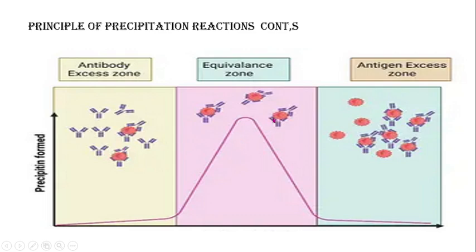Here we have the equivalence zone, meaning there is an equal concentration of the antigen and antibodies. The antibodies and antigen interact equally, so the antigen is able to bind more than one antibody, which results in the formation of the cross link. But for the antigen excess, or the post zone, we have a higher concentration of the antigen in the solution.